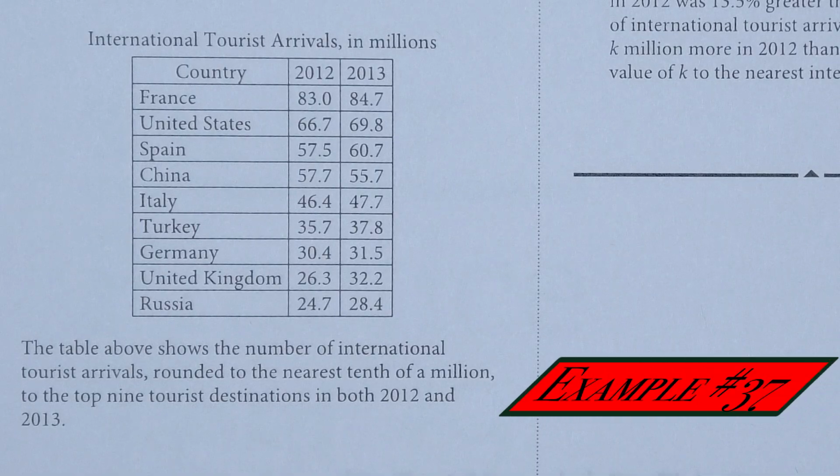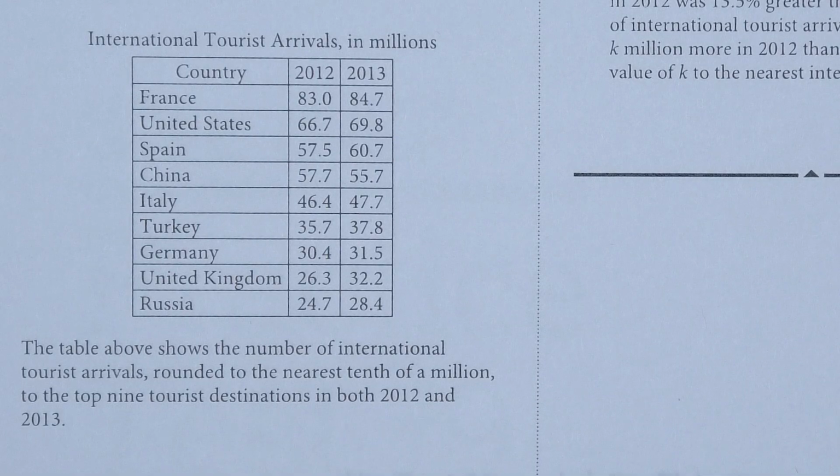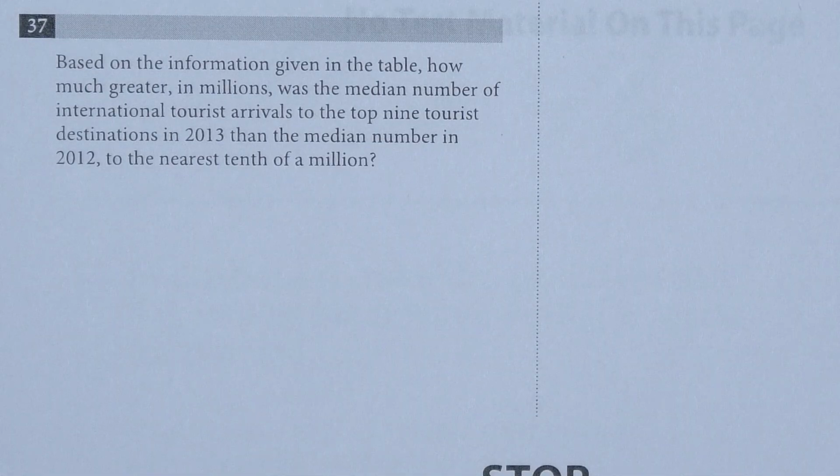For questions 37 and 38, refer to the following information. The table above shows the number of international tourist arrivals, rounded to the nearest tenth of a million, to the top 9 tourist destinations in both 2012 and 2013. Based on the information given in the table, how much greater in millions was the median number of international tourist arrivals to the top 9 tourist destinations in 2013 than the median number in 2012, to the nearest tenth of a million?